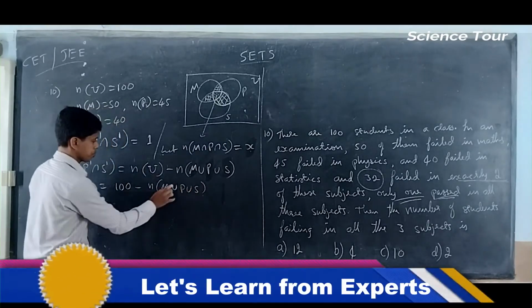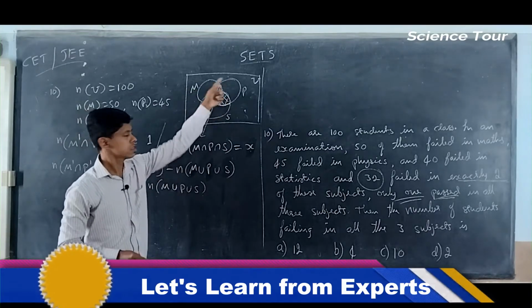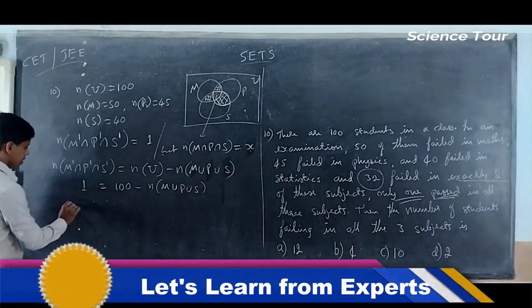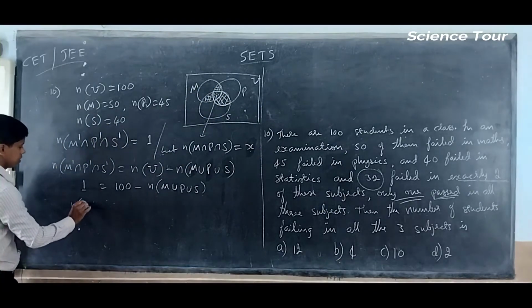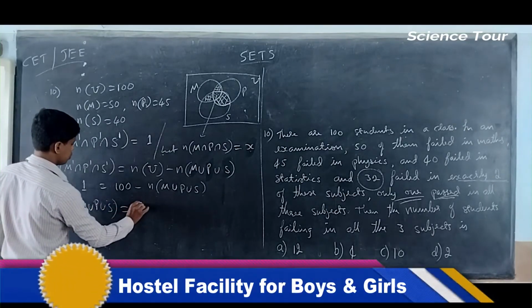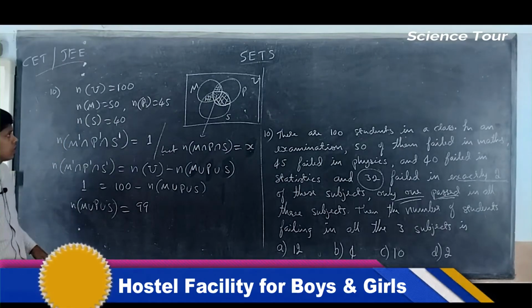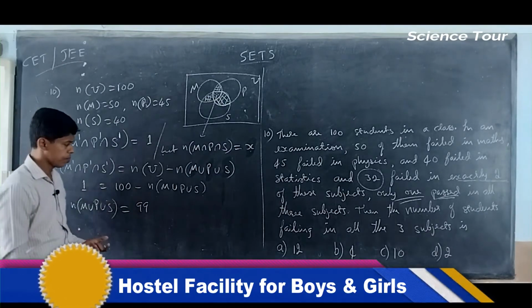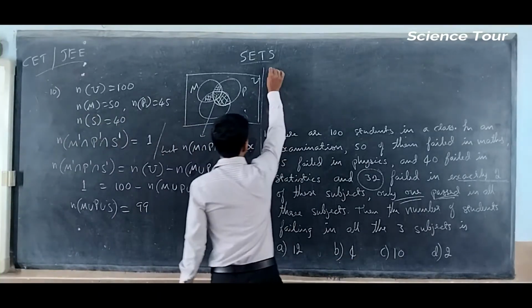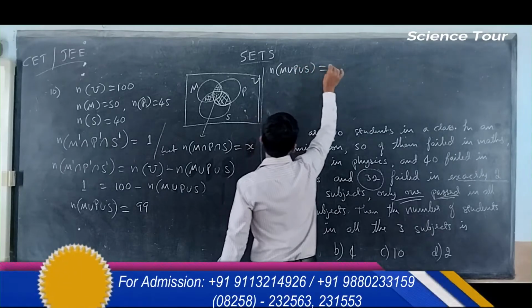Okay. So that is the circle region. Well, now what is the union of all the three? M union P union S, that is equal to 99. Well, next we know the formula for union. Now what is that formula?